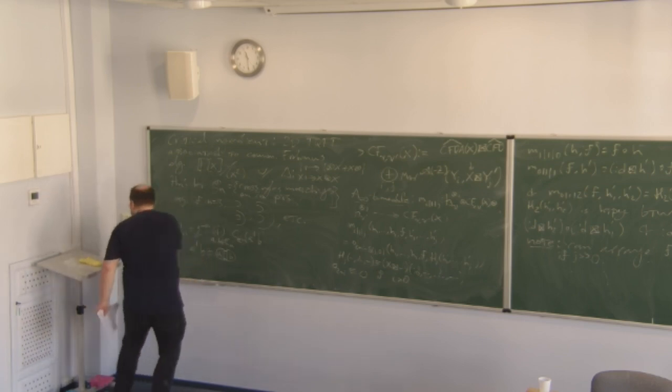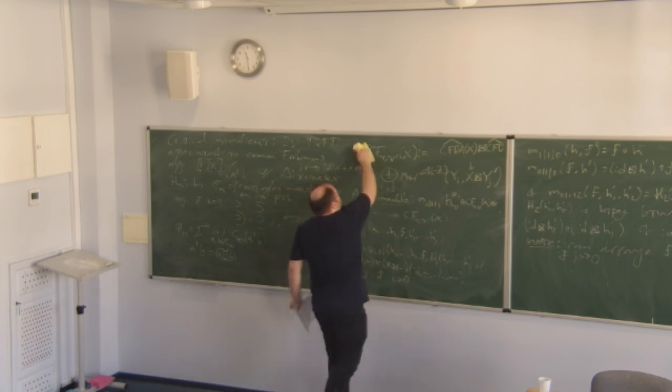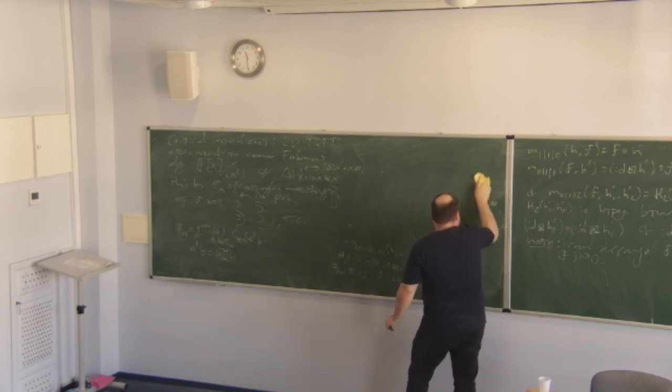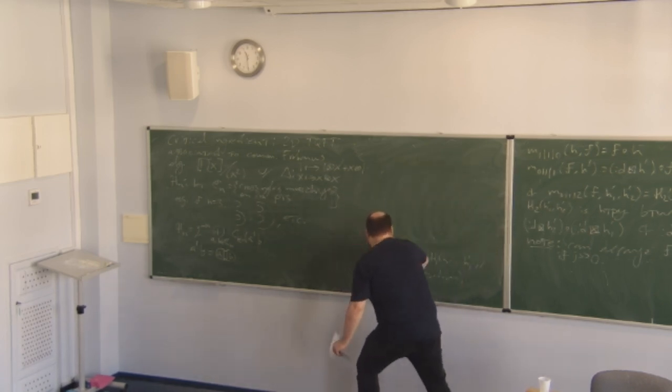And the multiplication operation is given by maps induced by minimal saddle cobordisms. So what are these?